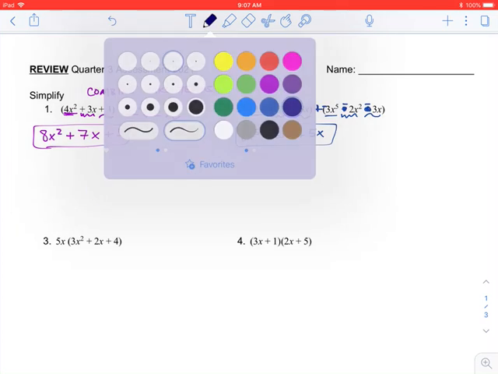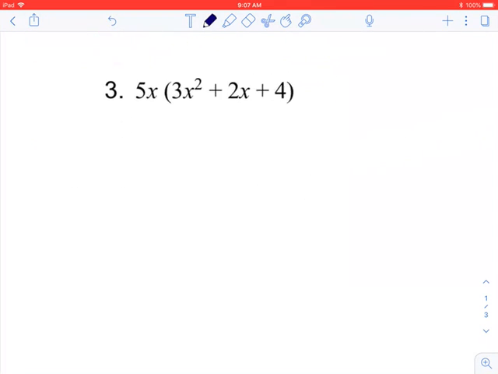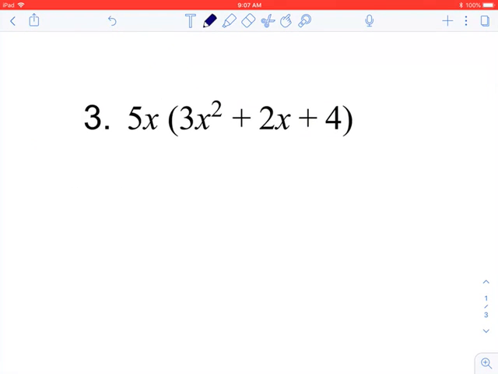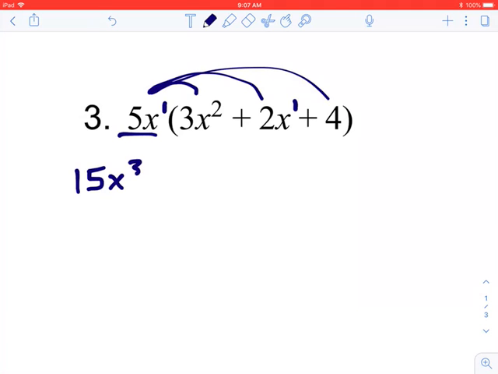So on this first multiplication problem, it's just a monomial times a polynomial, a trinomial in this case. So in this case, 5 times 3 is 15, and then we add the exponents. So remember, if it doesn't have anything, it's actually a 1. So x to the first, x to the second, 1 plus 2 is 3.